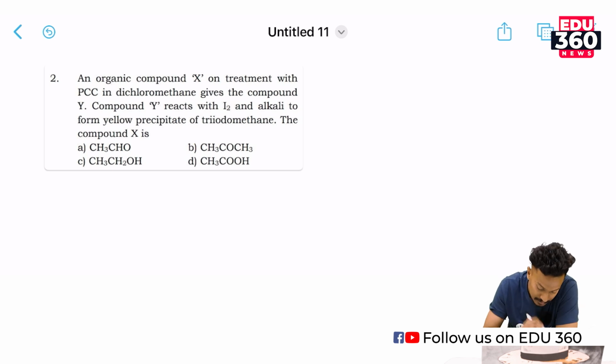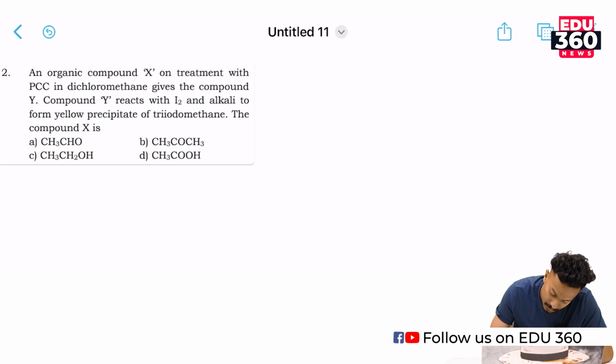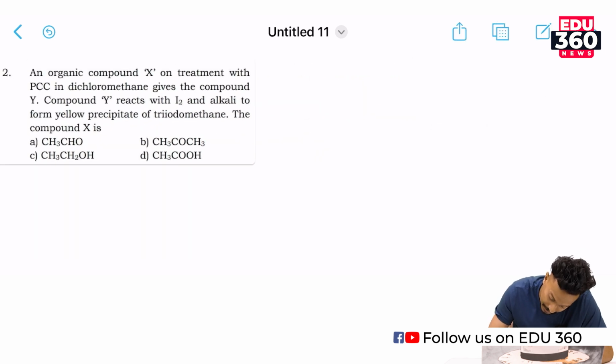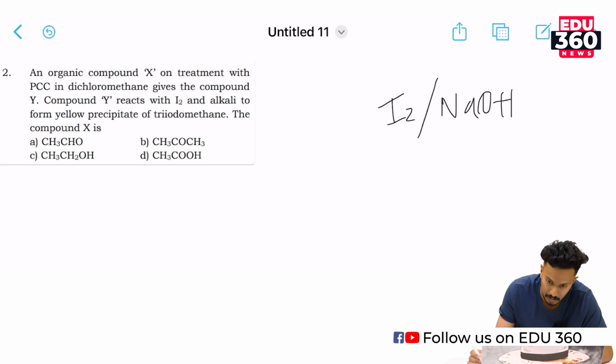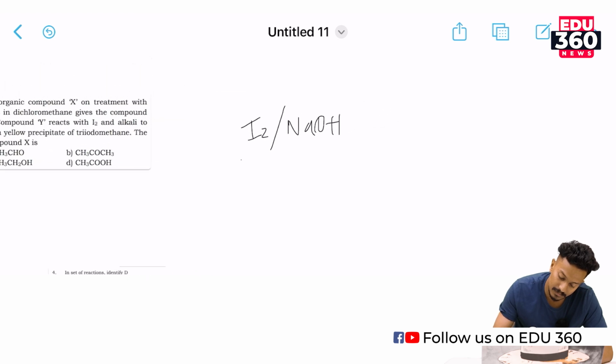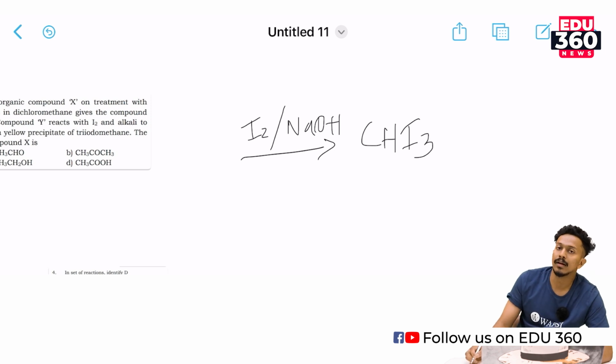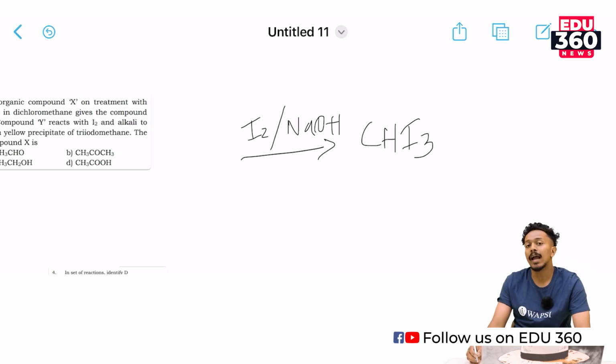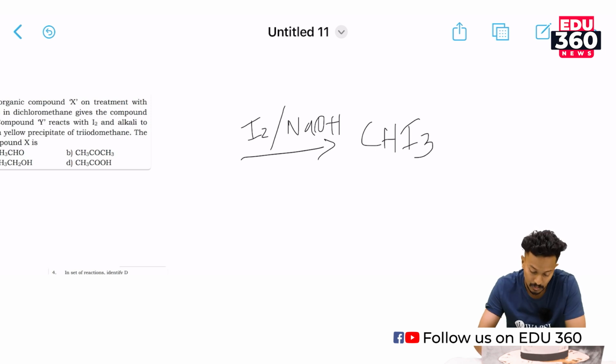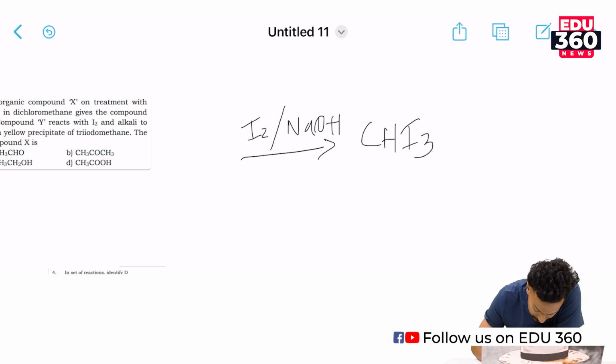So when Y is treated with iodine and alkali, consider NaOH, we get triiodomethane, CHI3. Triiodomethane is only formed when a haloform reaction is completed. So triiodomethane with, what do we get here?